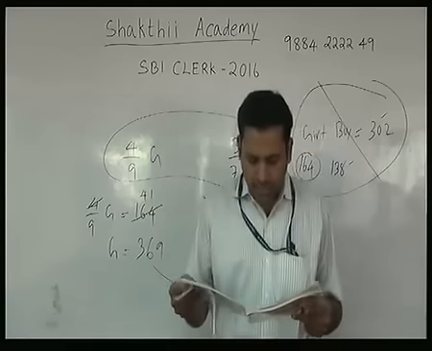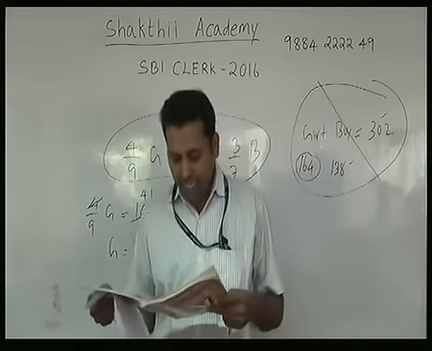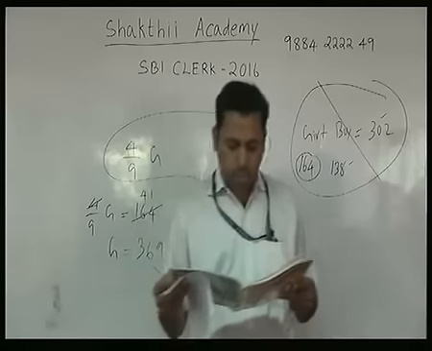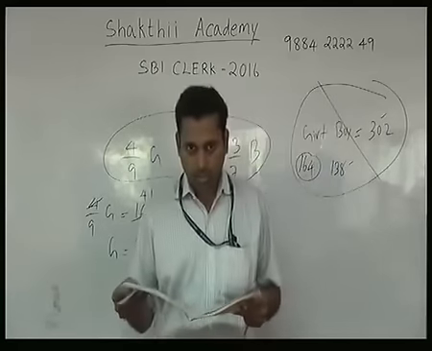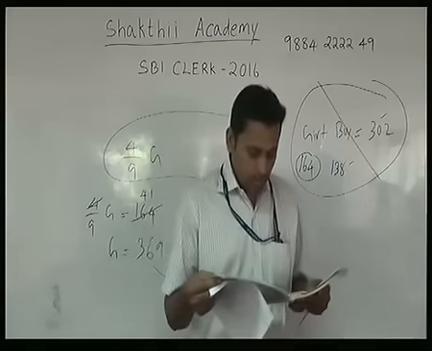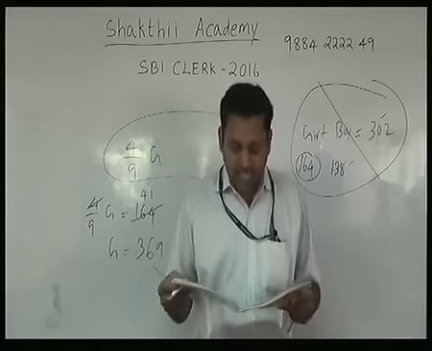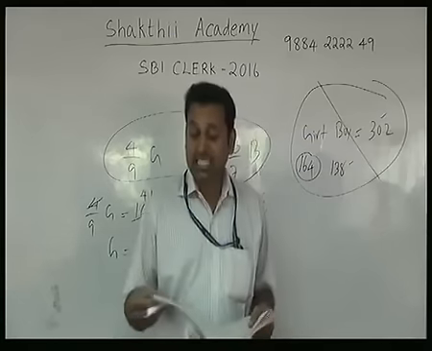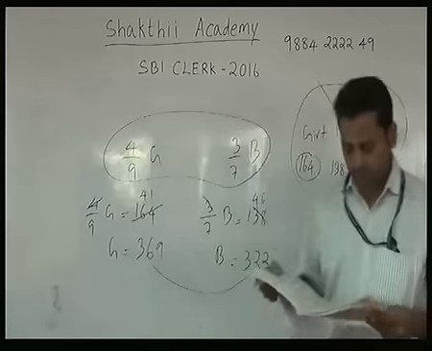B received 29 more chocolates than A. D received 33 more chocolates than C.